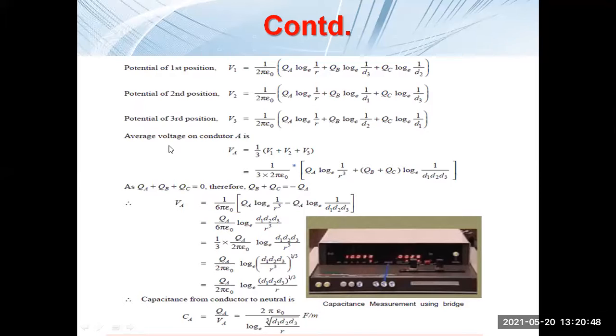So the average voltage of this conductor A, how to calculate? This is V1 plus V2 plus V3 by 3. So this 1 by 2 pi epsilon, and this 3 will come, and we are adding all these terms. So what will happen? QA will be taken common, then log of 1 by RQ. This point is clear, or should I show on the board? Because 1 by R and 1 by R, this becomes 1 by RQ, because QA is taken common.